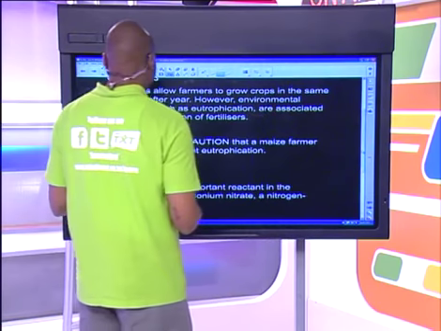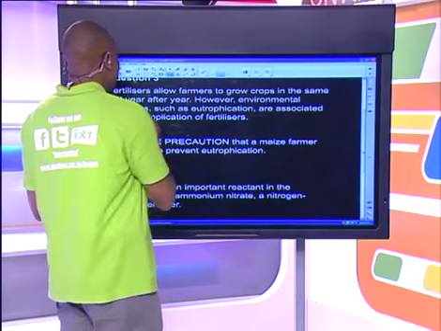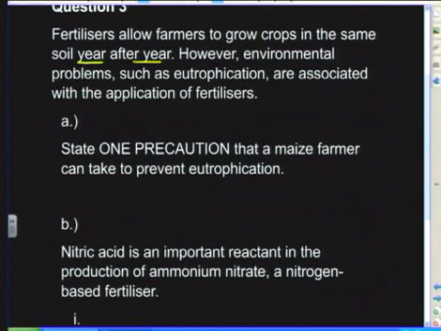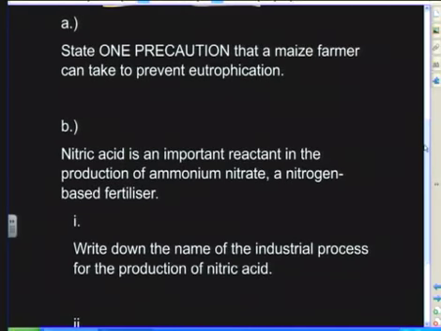Let's look at this one here. Fertilizers allow farmers to grow crops in the same soil year after year. However, environmental problems such as eutrophication, what I've just explained now, are associated with the application of fertilizers. Okay, so here we're talking about the negative impact of fertilizers.